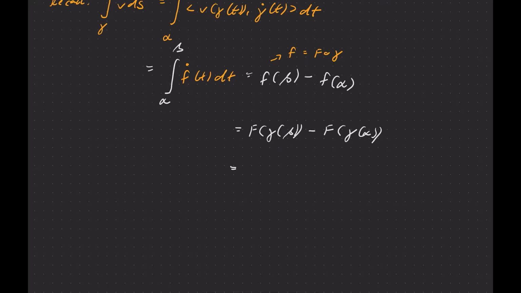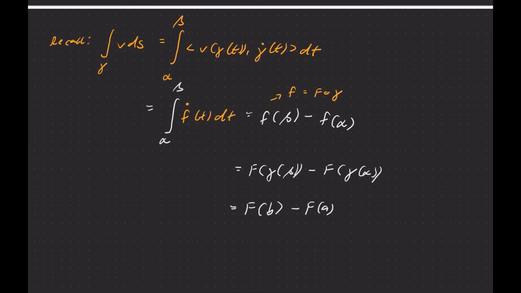Or, in other words, capital F of B minus capital F of A. So what we can see here is two things. First, the result, the integral over this gradient field here along the curve gamma, does not really depend on the curve gamma at all. The result only depends on the points B and A.